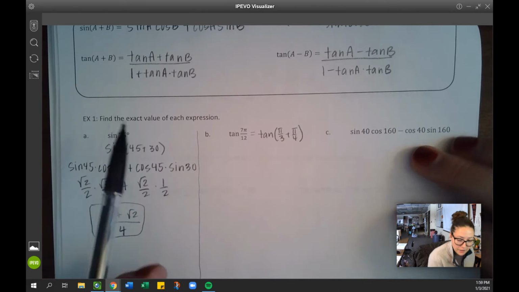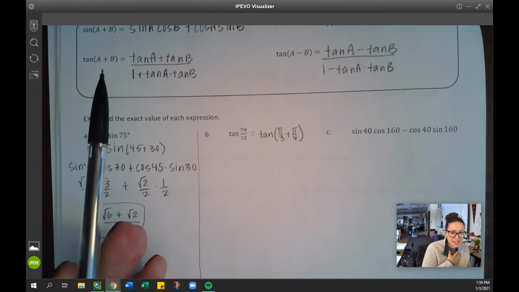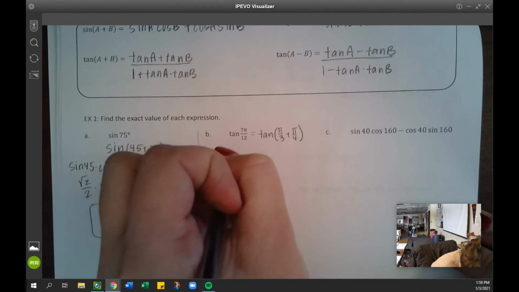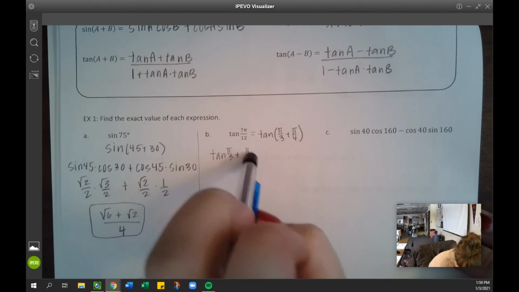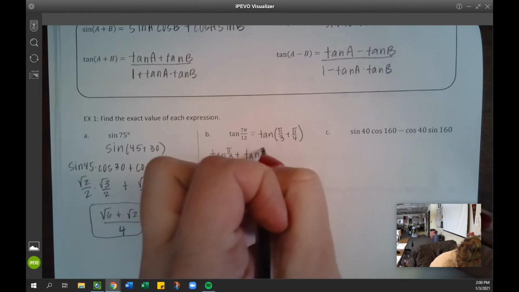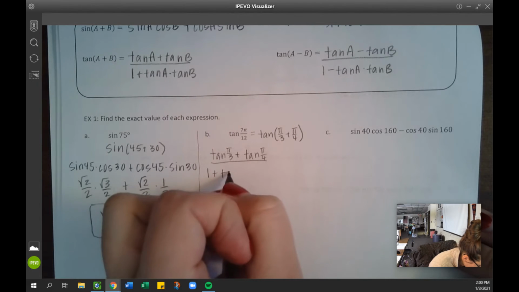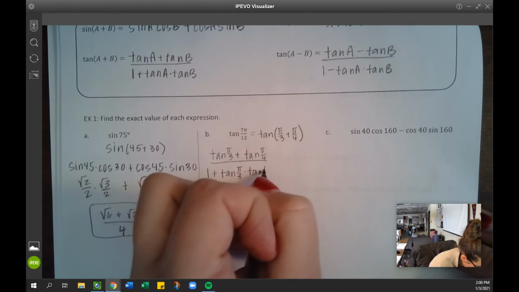And then, excuse me, I'm going to use the identity. So we have tangent pi over 3 plus tangent pi over 4 over 1 plus tangent pi over 3 times tangent pi over 4.